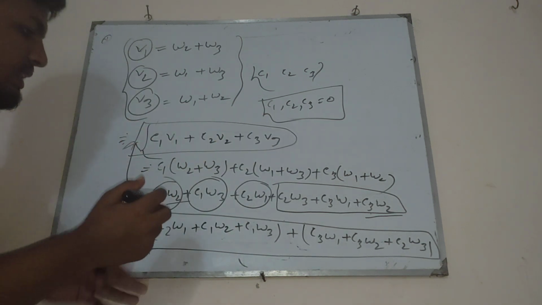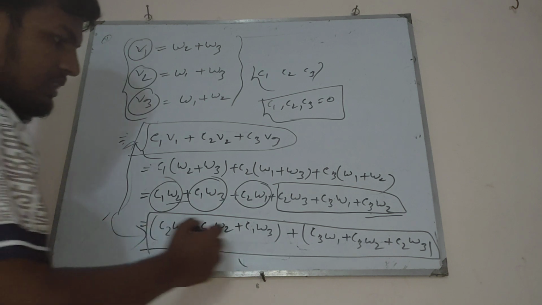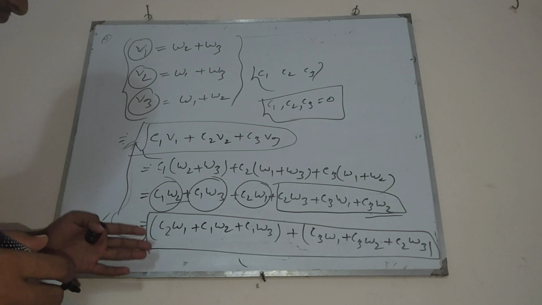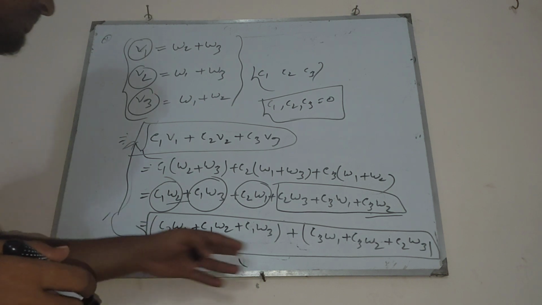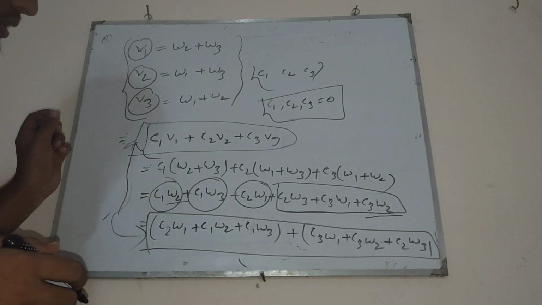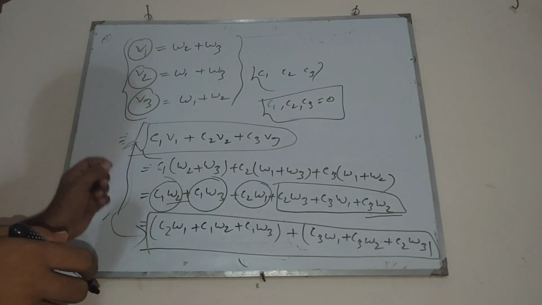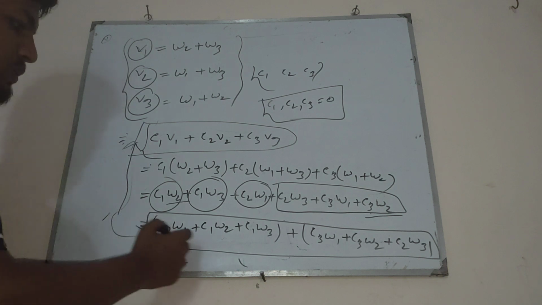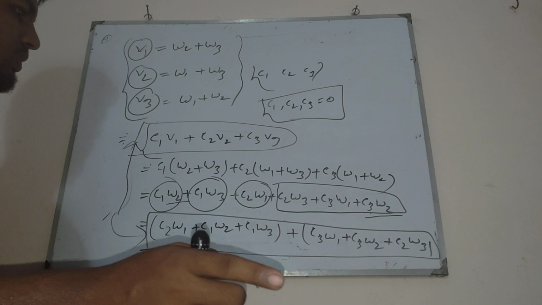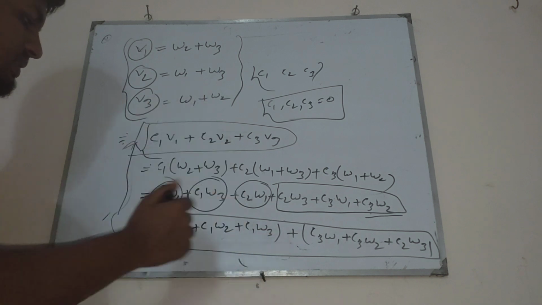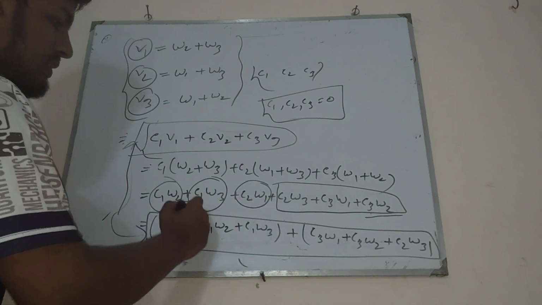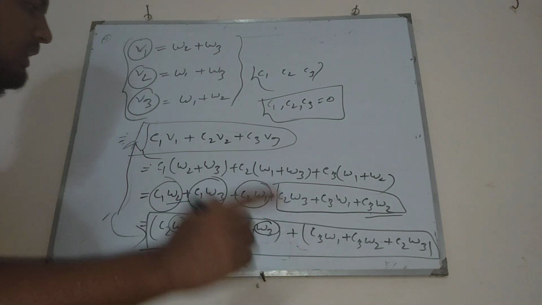So we can say easily that this part of our mathematics will give 0 only when c1, c2 and c3 equal 0, and that means these are linearly independent.